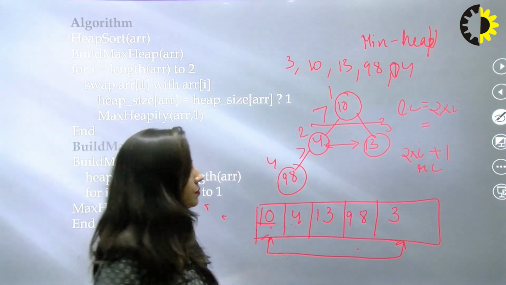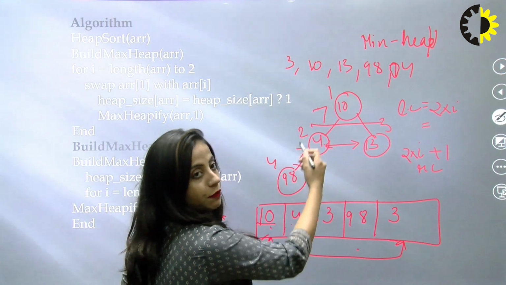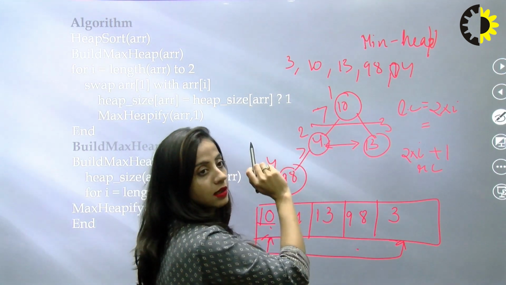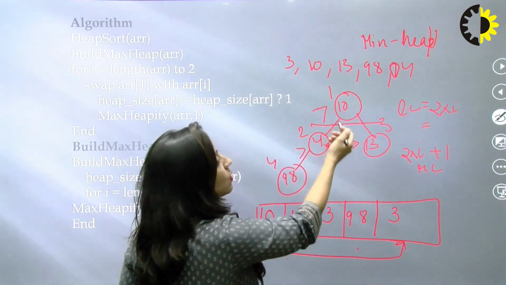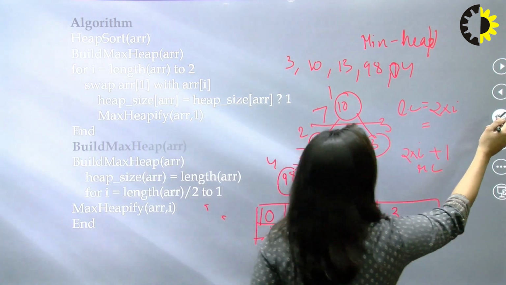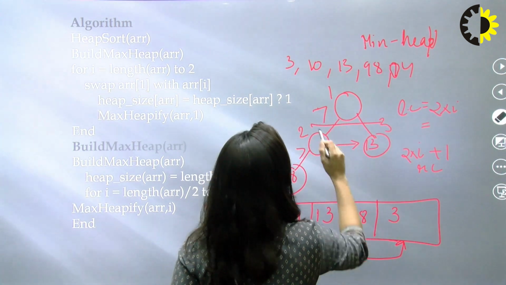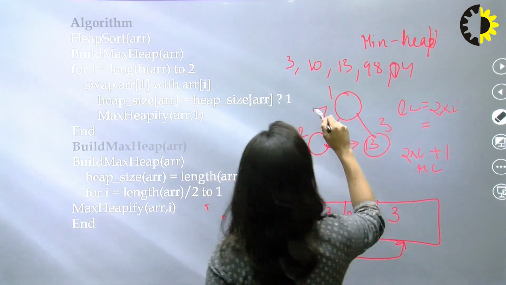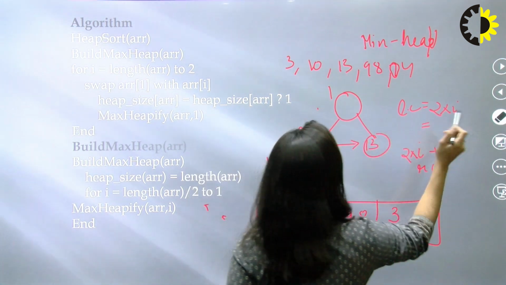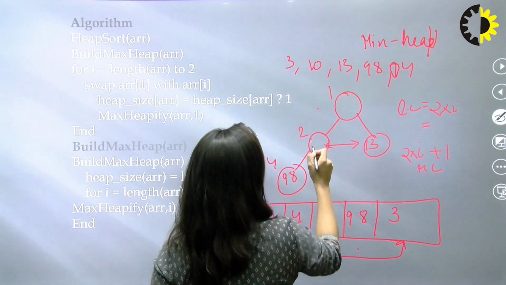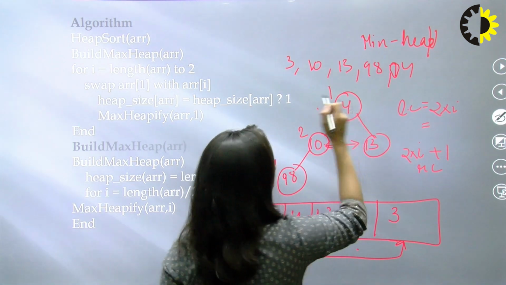Now we already compared 4 with 10. Since 4 is smaller than 10, we will swap it with its parent node. Now 10 will come down here, 4 will be here.